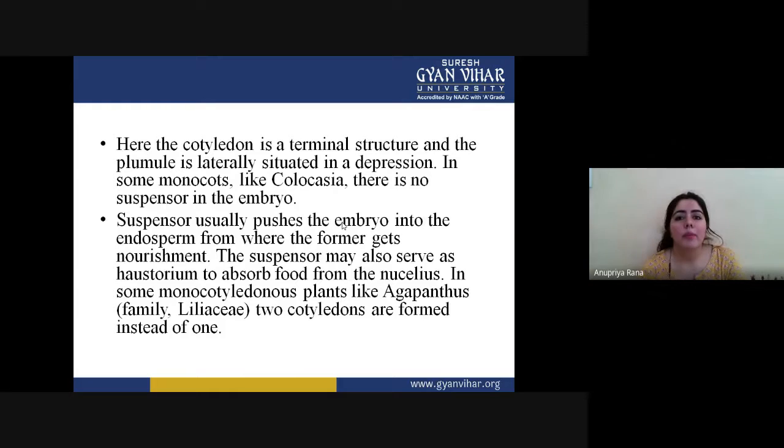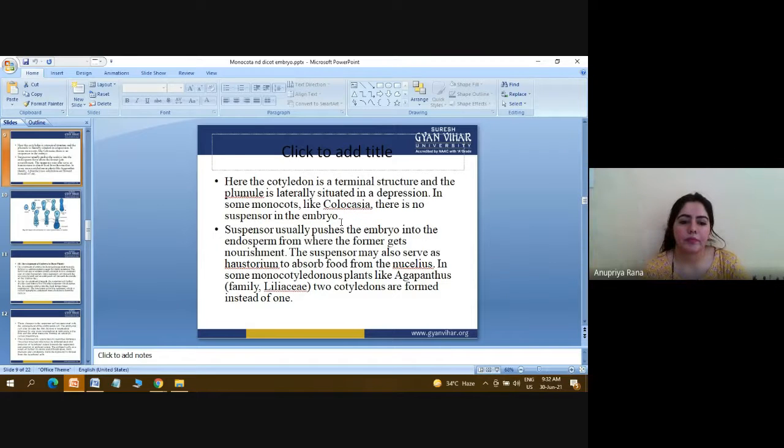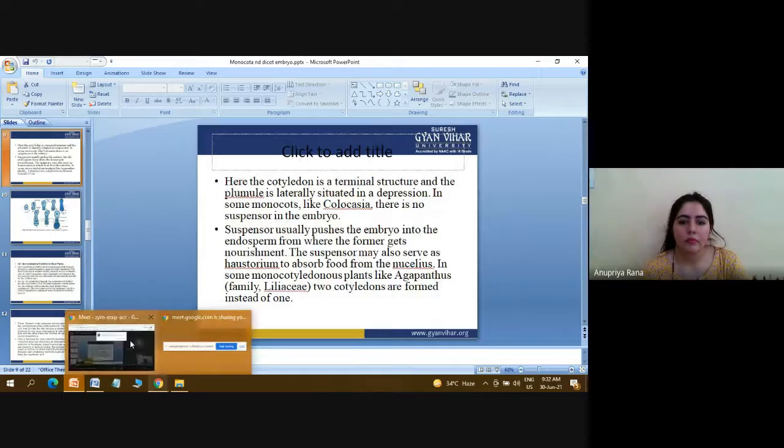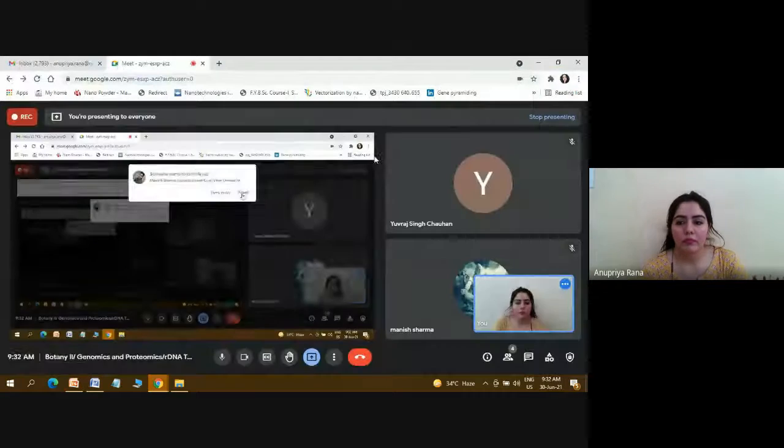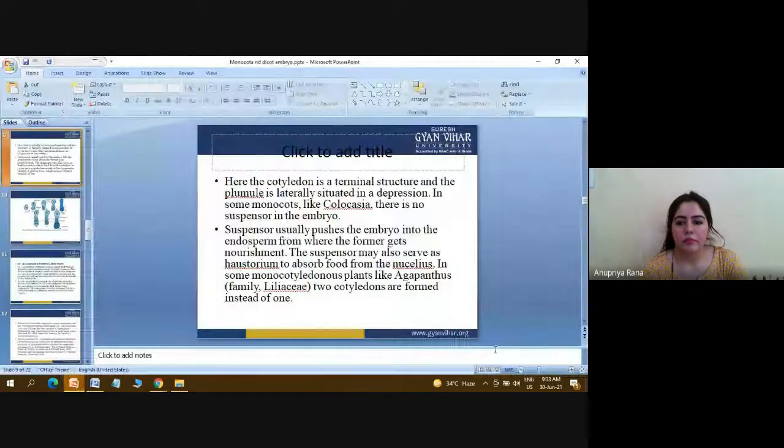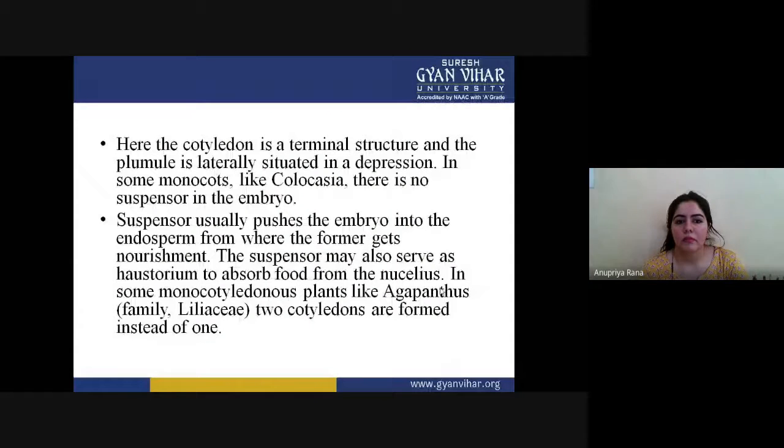When the embryo is pushed inside the endosperm, it has a higher chance to get nourishment. The closer it is to the endosperm, the more nutrition it will get.